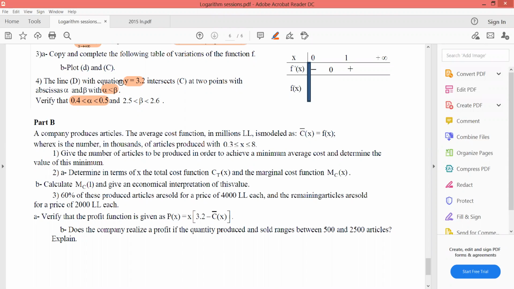Here it says the line D of equation y equals 3.2, not the x-axis. What do we do here? I compare f of 0.4 and f of 0.5 with 3.2.